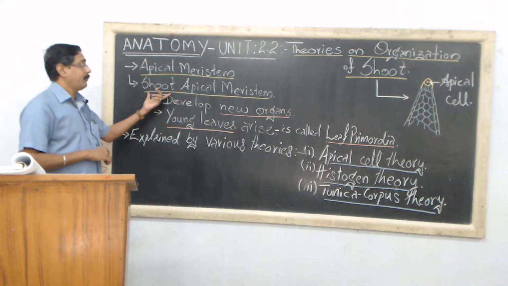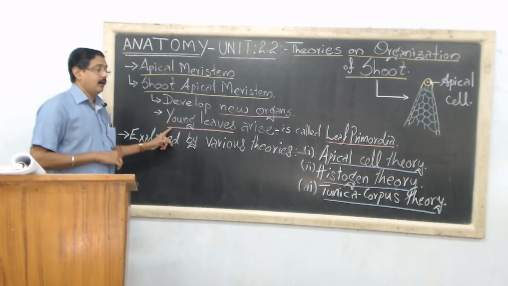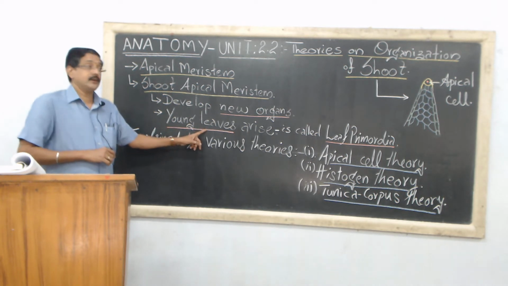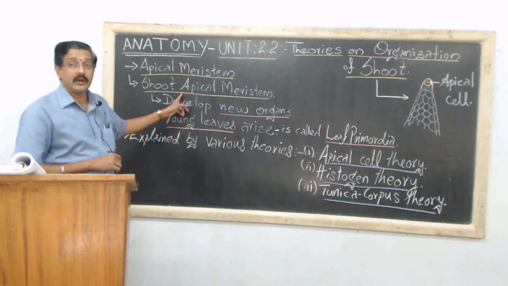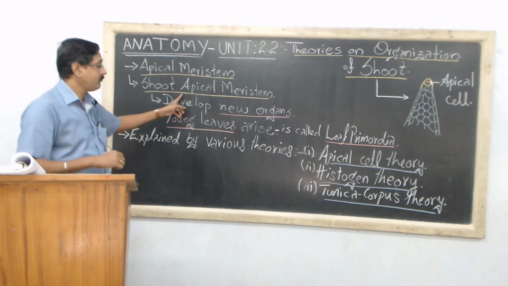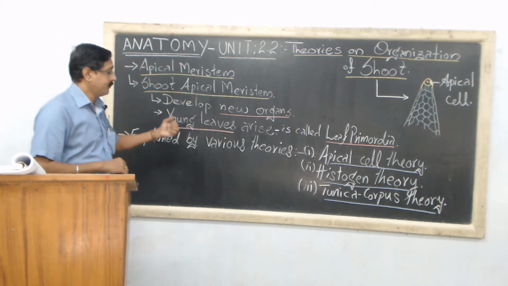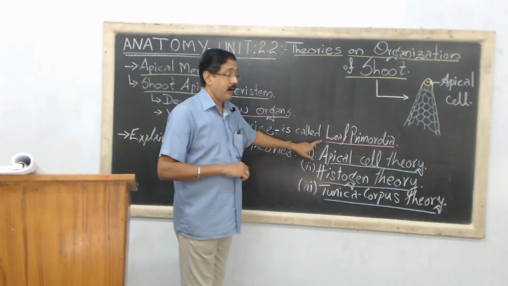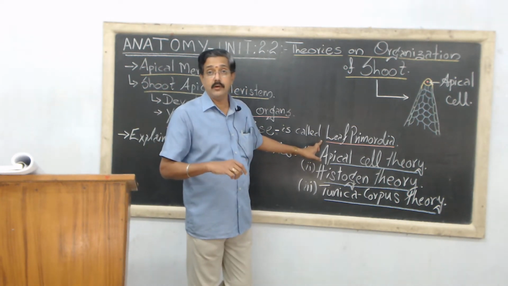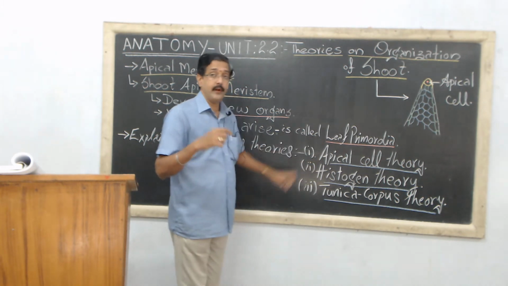Here from the shoot apical meristem, it forms new organs, such as the first formed organs, young leaves, which arise from this shoot apical meristem. The young leaves which arise from the apical meristem are called primarily leaf primordia, and later the well developed, differentiated leaves are produced.